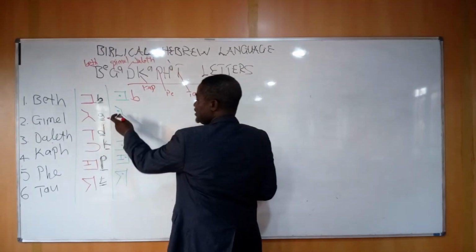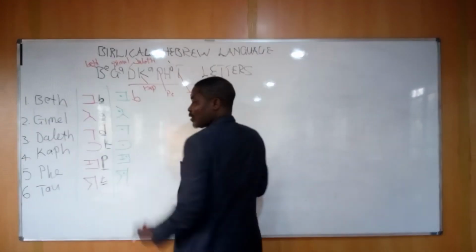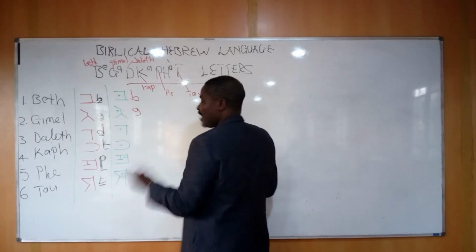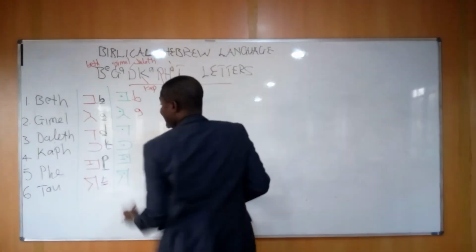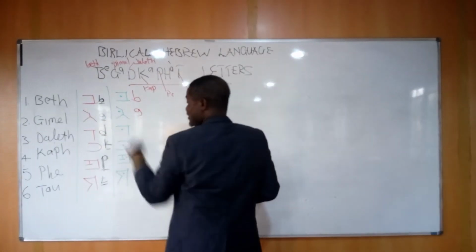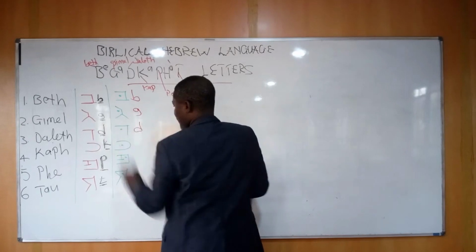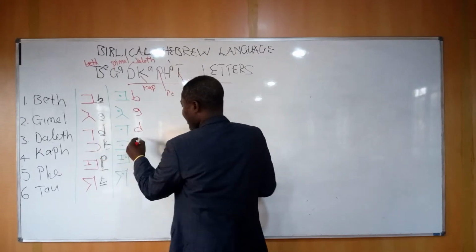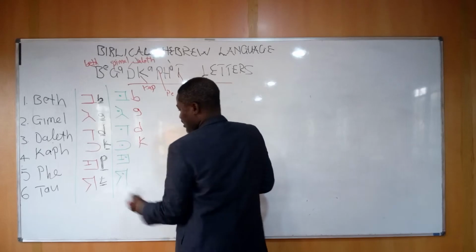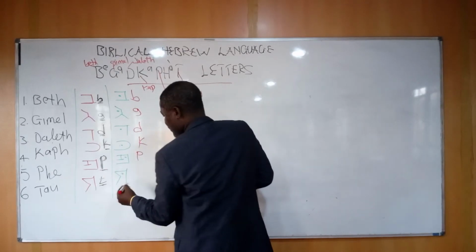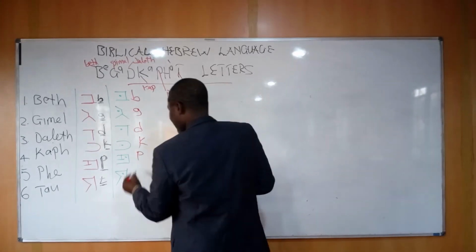Then the Gimel with a dot becomes G, and you don't have to put a line. Then Dalet, when it has a dot, becomes D. Then the Kaf becomes K, the P becomes P, and the Tav becomes T.